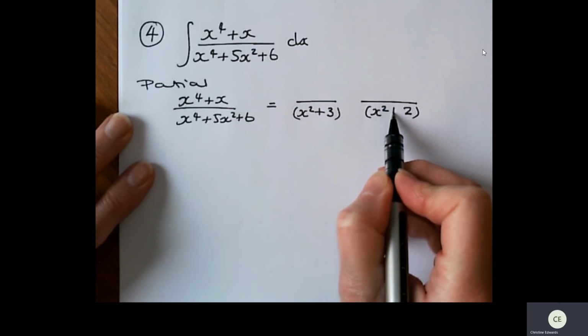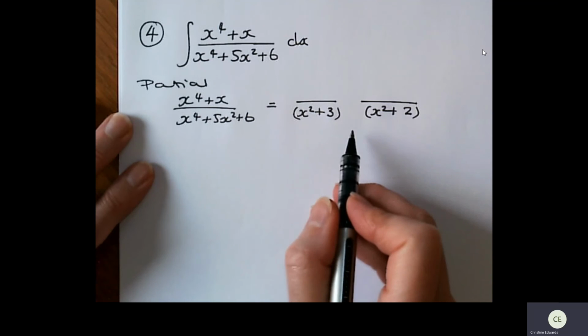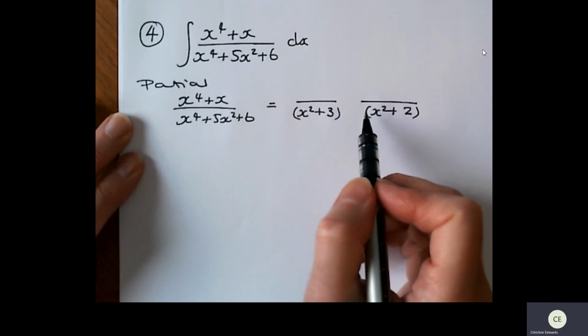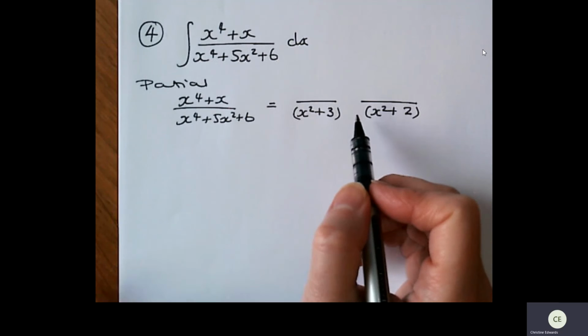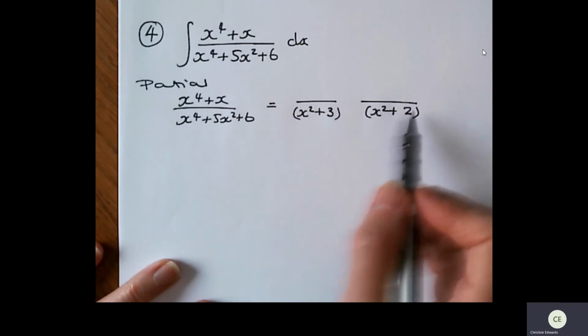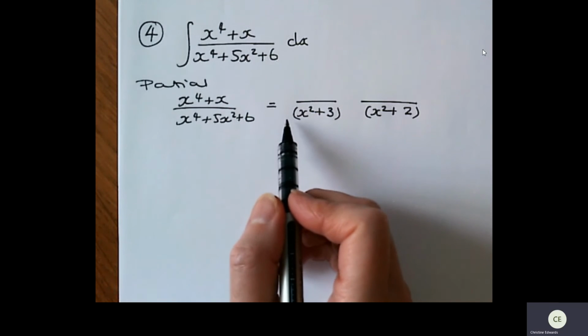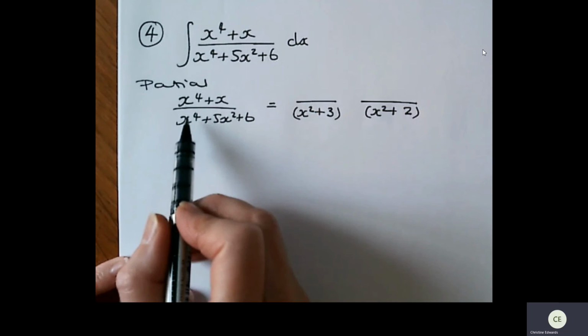So we have 2 quadratic brackets, and we need to have them in the format that will allow us to deal with them as partial fractions. Now, I've got a quartic divided by a quartic.